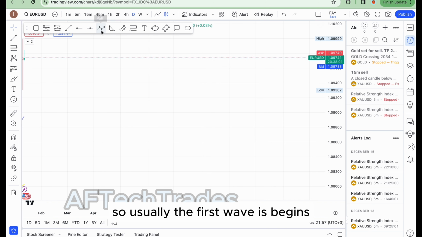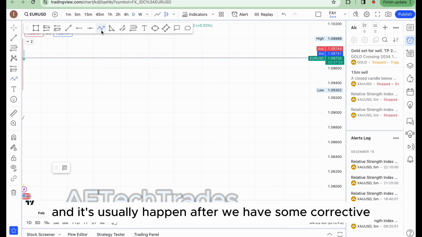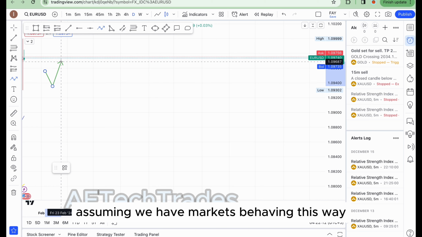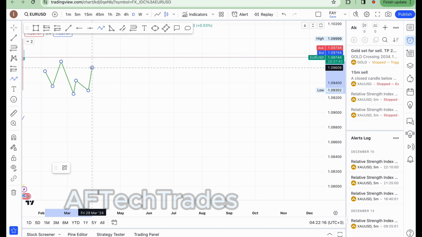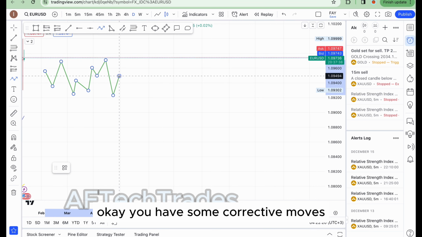So usually the first wave begins with an uptrend, and it usually happens after we have some corrective moves. Assuming we have markets behaving this way, you have some corrective move.